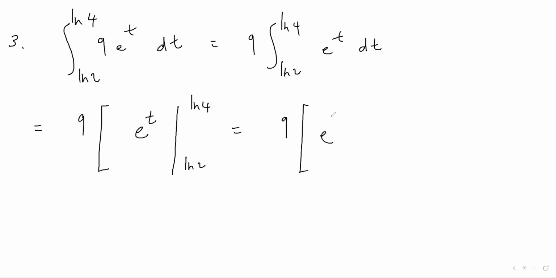So this will be e to the ln 4 minus e to the ln 2, because we evaluate this function from ln 2 all the way to ln 4.